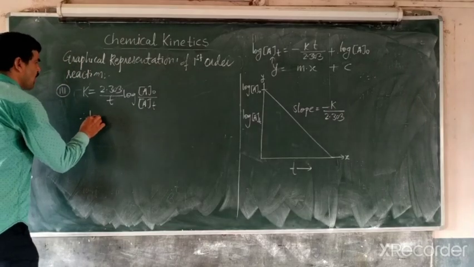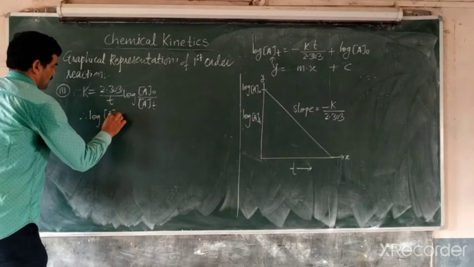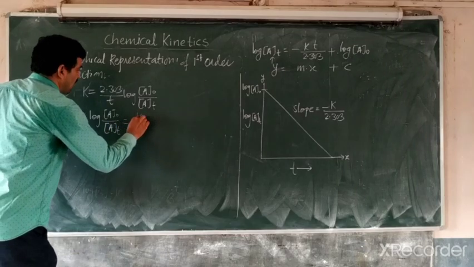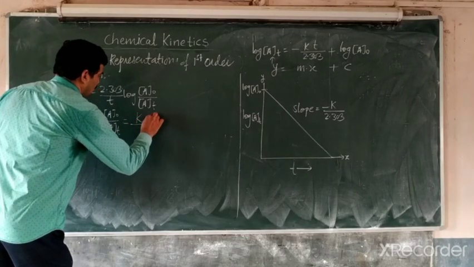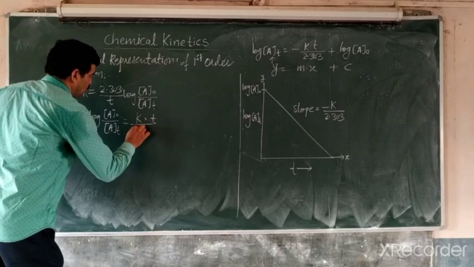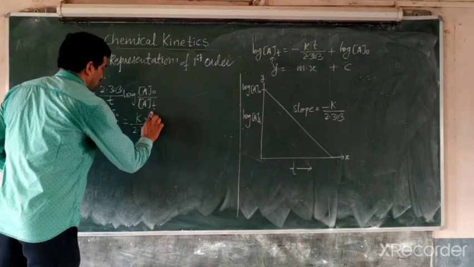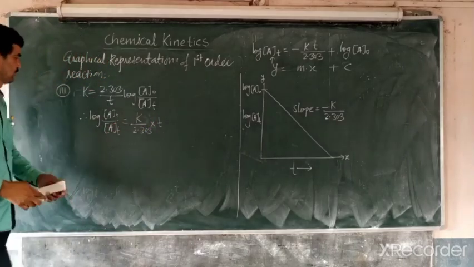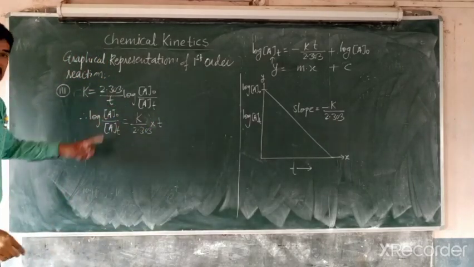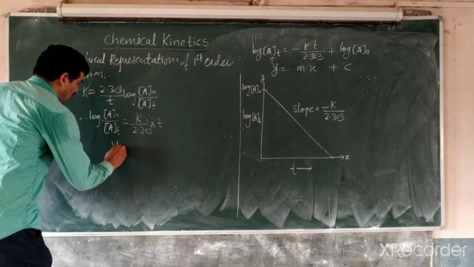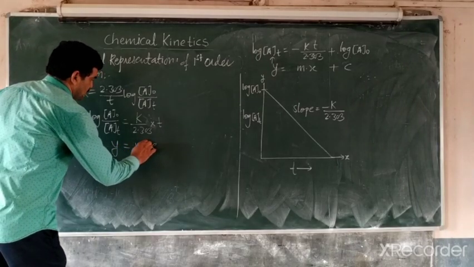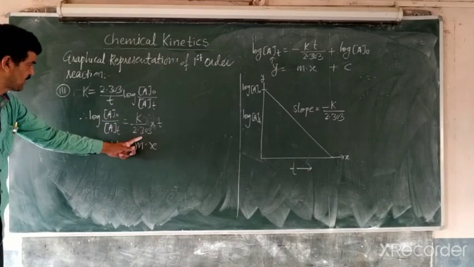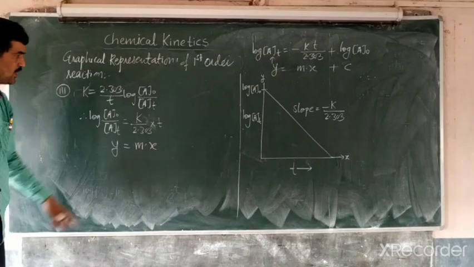Therefore, log of A0 by At equal to kt by 2.303, or k by 2.303 into t. This is also the equation of a straight line of the type y equal to m into x, where y is log of A0 by At, m is k upon 2.303 and x is t.